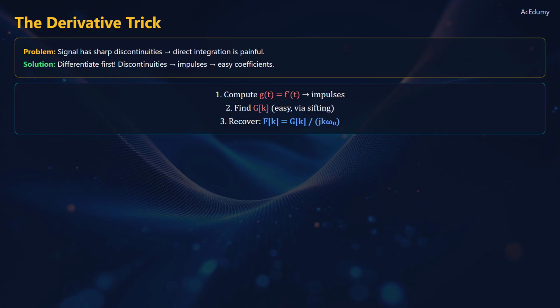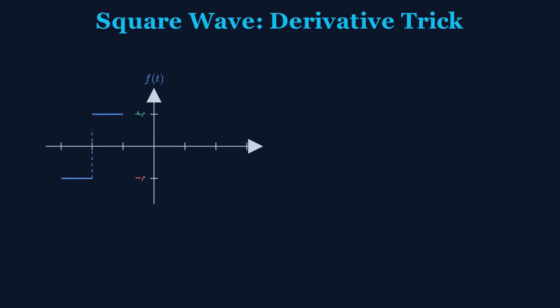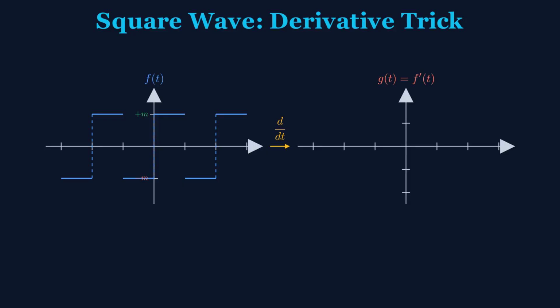Let's demonstrate on a square wave. Consider a square wave f of t with amplitude plus M for 0 less than t less than pi and minus M for negative pi less than t less than 0, with period T equals 2 pi. Computing f sub k directly requires careful integration. Instead, let's differentiate.